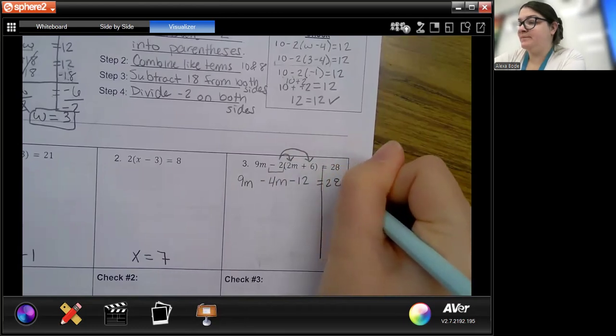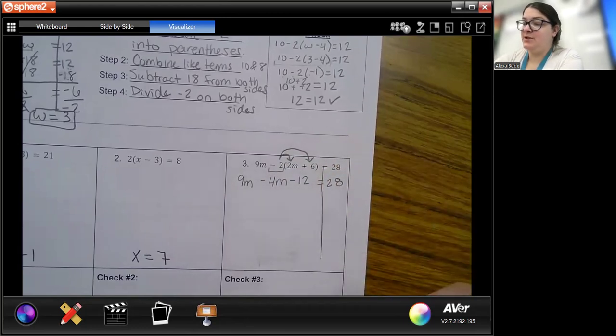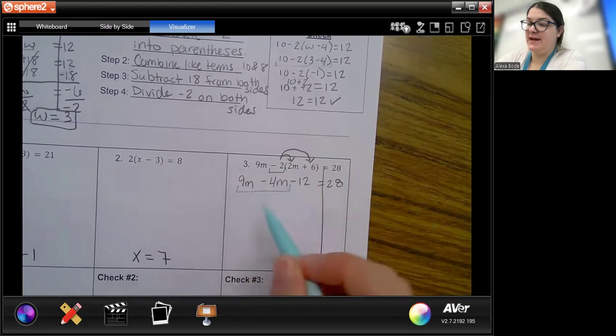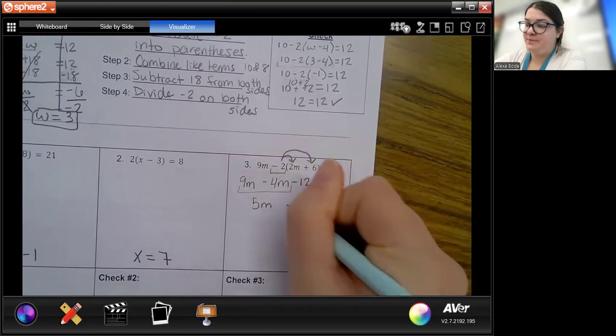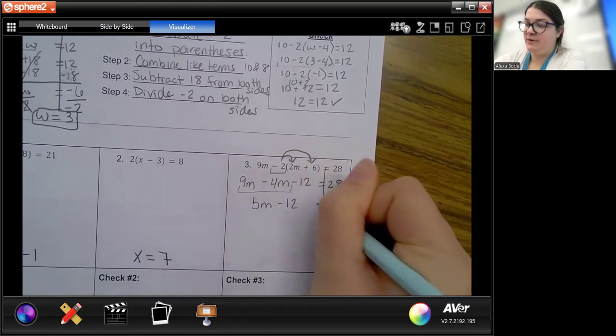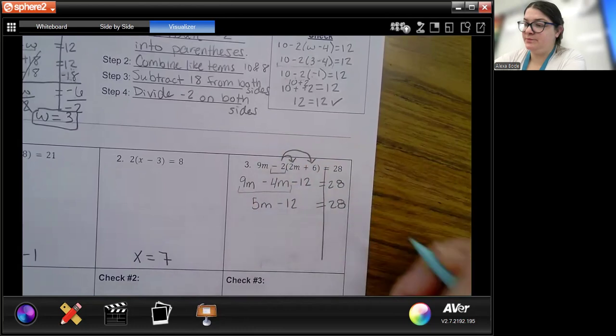Equals 28. I need to combine my like terms. 9m minus 4m should be 5m. Minus 12 equals 28.